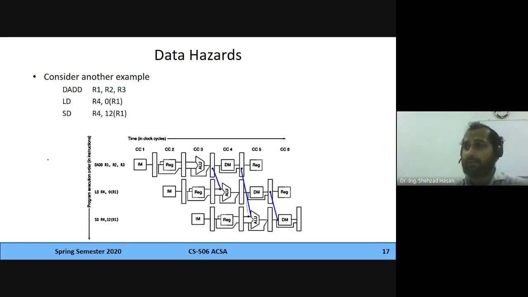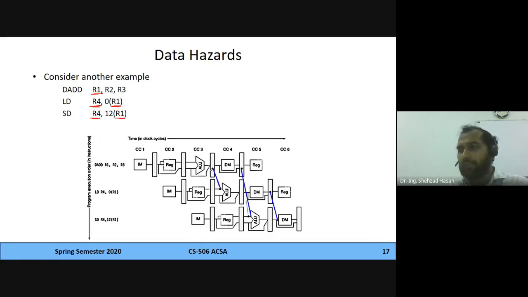This is a diagram showing how things are going to move if we have a forwarding unit. Add is producing a result R1, which is used by load in its execution stage. Then load is producing a result R4, which is used by store, and store is also using R1. And this is the whole diagram over here.